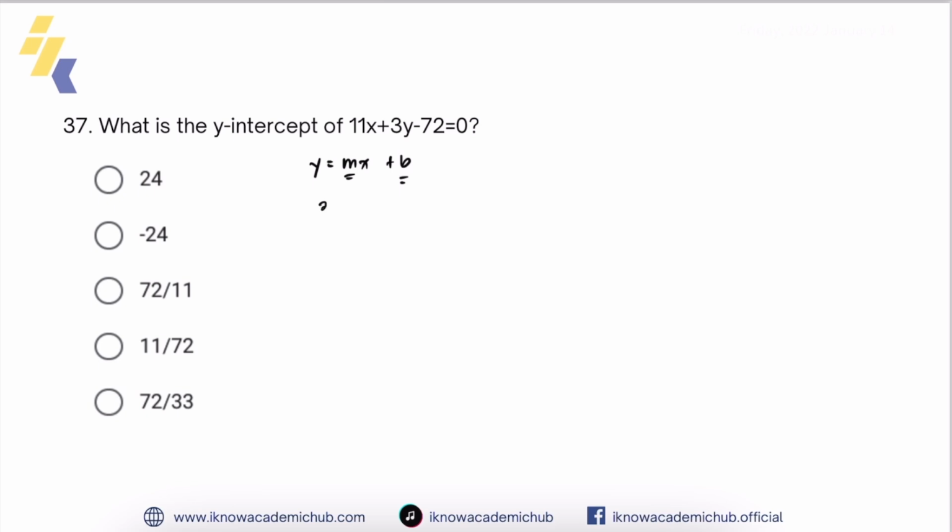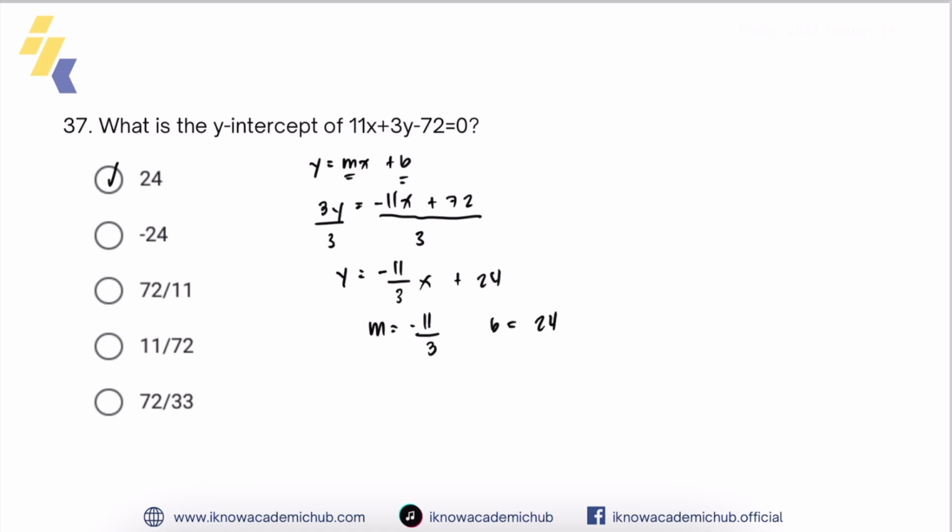So we have here 3y equals negative 11x plus 72. And we divide both sides of the equation by 3. We have y is equal to negative 11 over 3x plus 24. And the slope is negative 11 over 3. And the y-intercept is 24. So this is the correct answer.